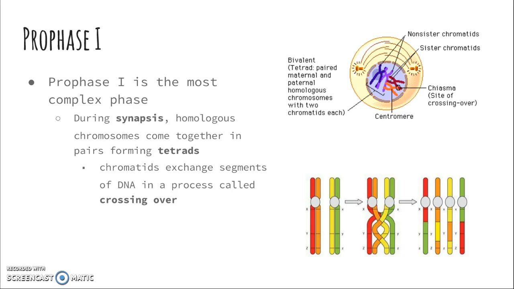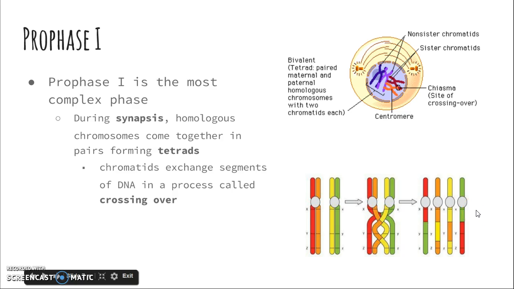So chromatids are then going to exchange segments of DNA in a process called crossing over. And what happens here, as you can see, the adjacent chromosomes are going to cross over, and they're going to form what's called a chiasma, and they're going to actually exchange that DNA.